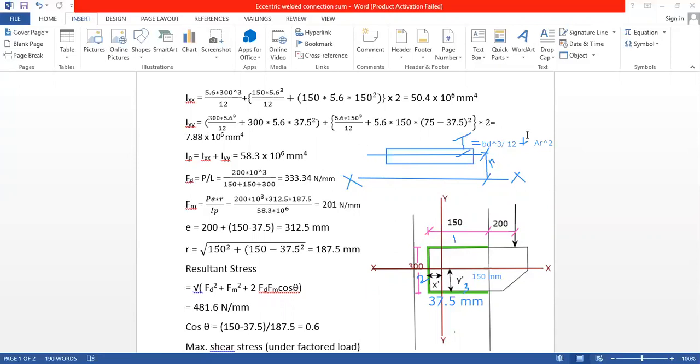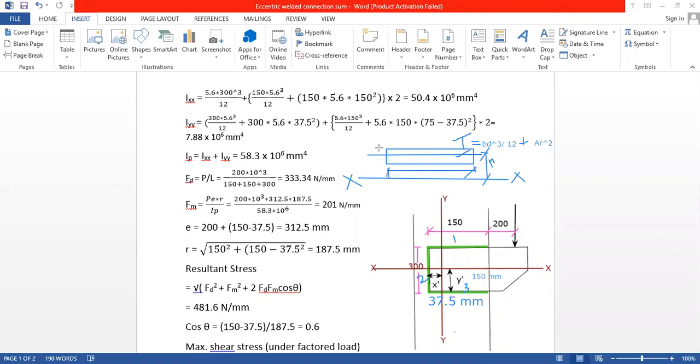Okay, so my BD cube by 12 will be equal to 150 into 5.6.